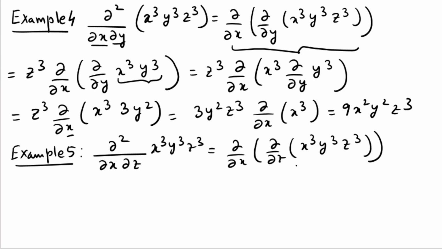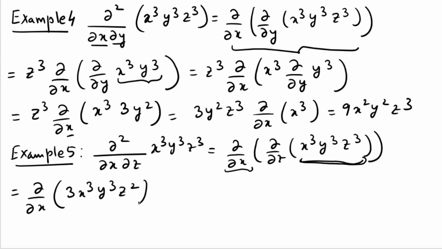So a simpler way to interpret this is the result of this is once again taken derivative with respect to this. Therefore, ∂/∂x, the result of derivative of this function with respect to z gives me 3x³y³z².